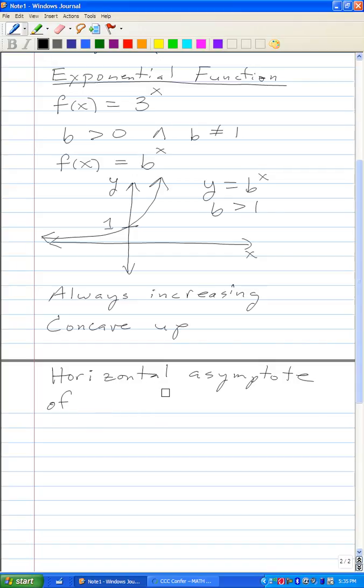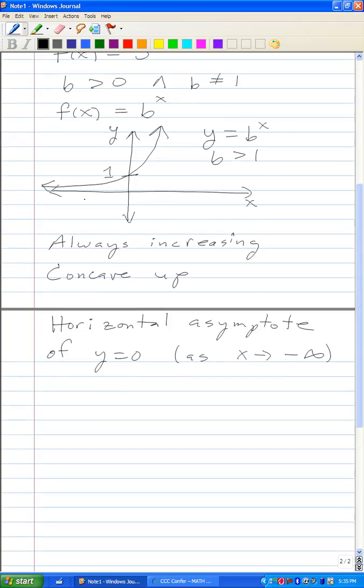And it approaches this as x becomes smaller and smaller. It does not cross the x-axis, so it has no x-intercept, but it does have a y-intercept at 0, 1.